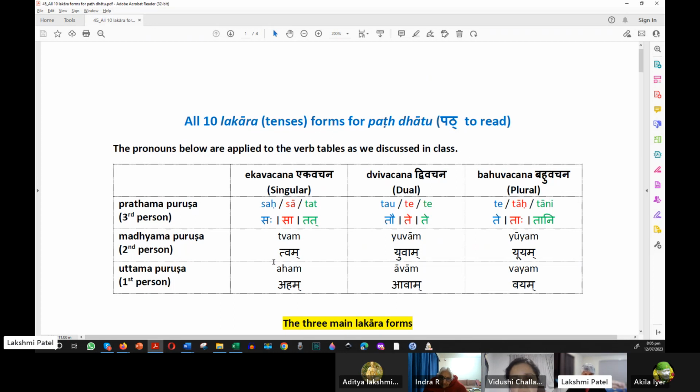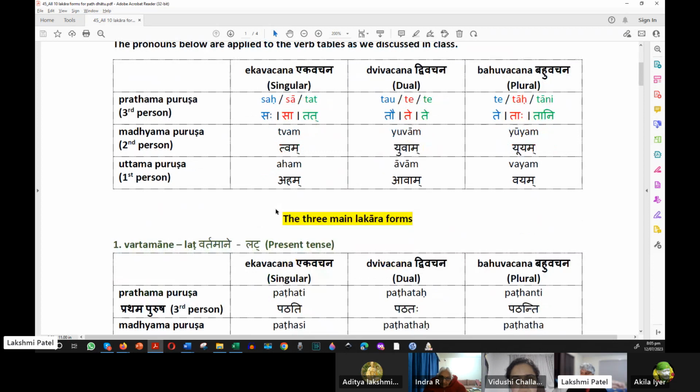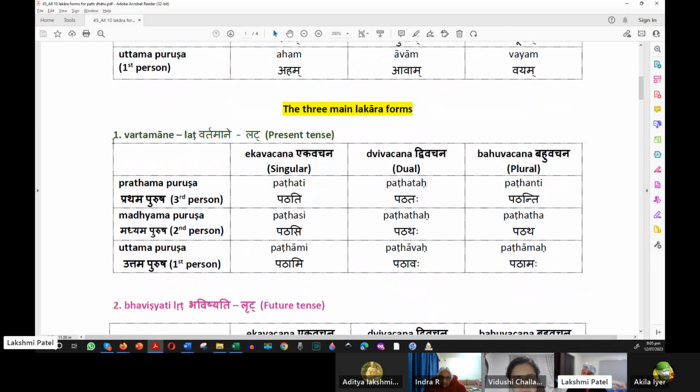Aham, avam, vayam. So this remains the same. Right? Now we look at, so this I've not put it down as present, past, and future. I've classified it into the most commonly used ones. So the three main most commonly used, which are present, past, and future.